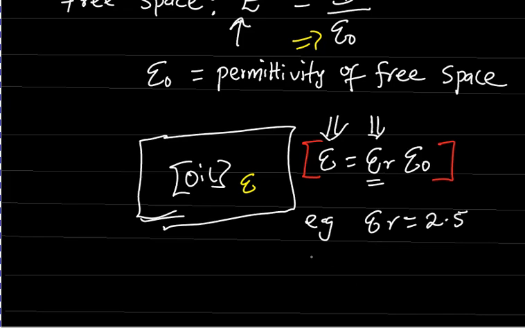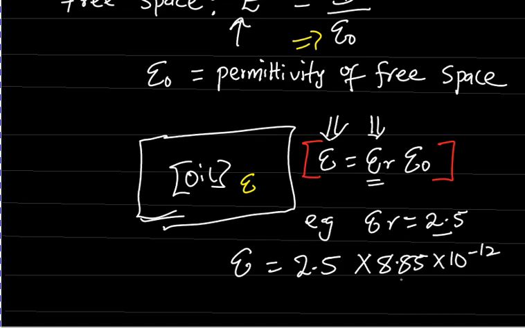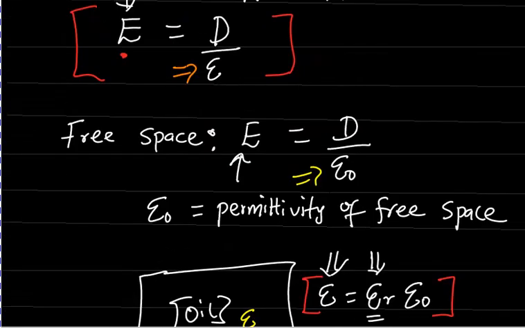To calculate the actual permittivity of that medium, all you need to do is multiply the relative permittivity, 2.5, which will be given, by the permittivity of free space, which of course you know is 8.85 times 10 raised to the power of minus 12. Please take note of that. This is just for illustration's sake.